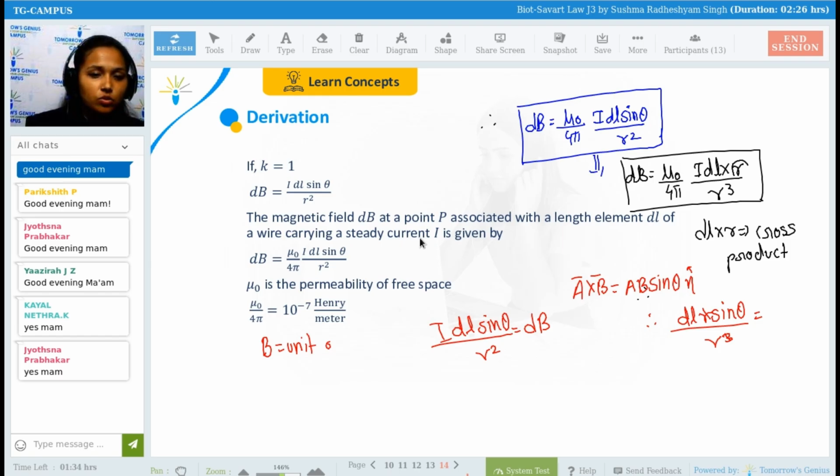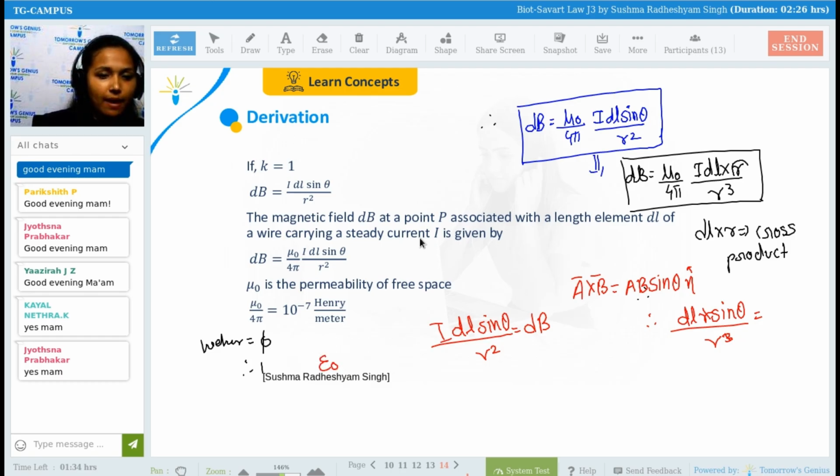Very good. Okay, fine. What is the unit of epsilon naught? Weber. Yeah, Weber is also a unit, Josna, but Weber is not the unit of the field. So Weber is a unit of flux. So we say magnetic field is nothing but Weber per meter square. Getting?